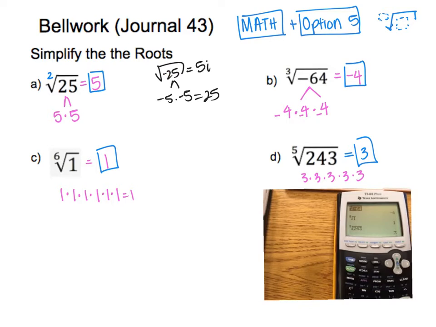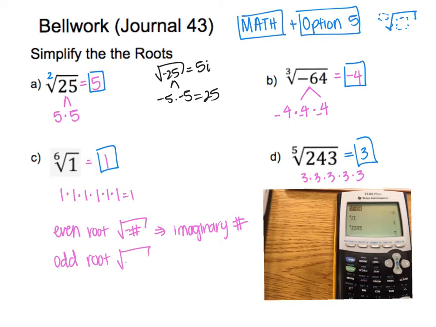Okay? So whenever you have a square root or an even root, like this 6 here is an even root, let me make a little note here. Anytime you have an even root and you have a negative number inside the root, you're going to get an imaginary number. But anytime you have an odd root and you have a negative number, like the one that we have here, notice how this is a cube root, it's an odd number, and it's a negative inside.